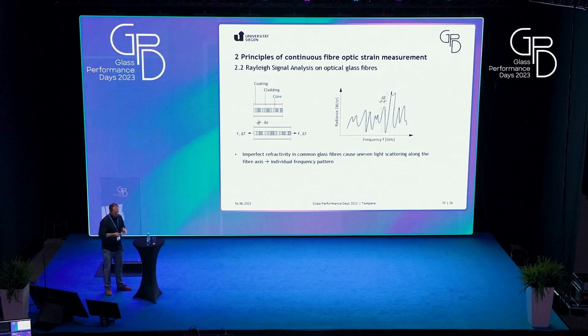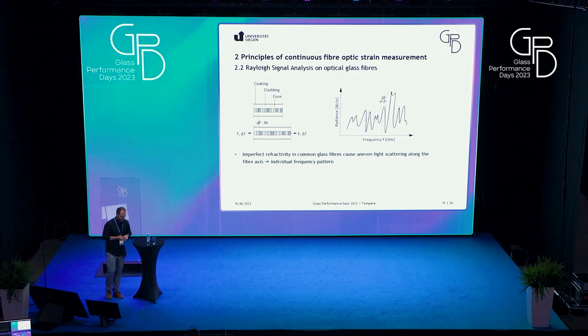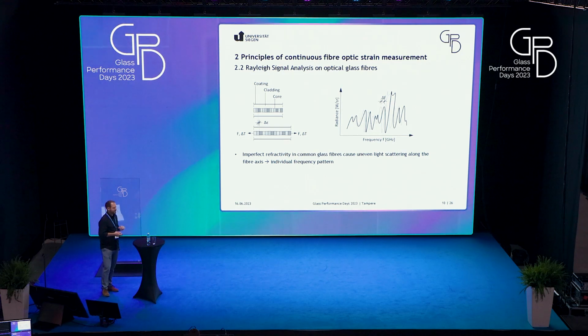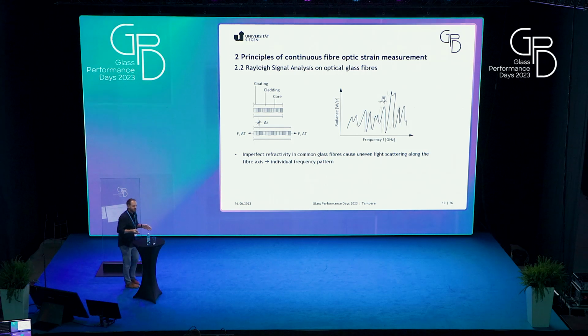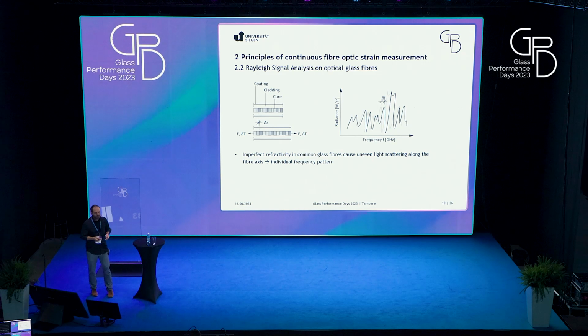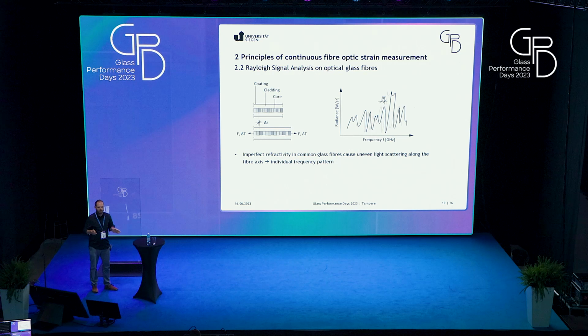have, caused by the manufacturing process, imperfect refractivity, and these imperfections cause uneven light scattering along the fiber axis. And that gives an individual frequency pattern for every section of the fiber. So if the fiber is some 100 meters long, there's an individual frequency pattern in every section.